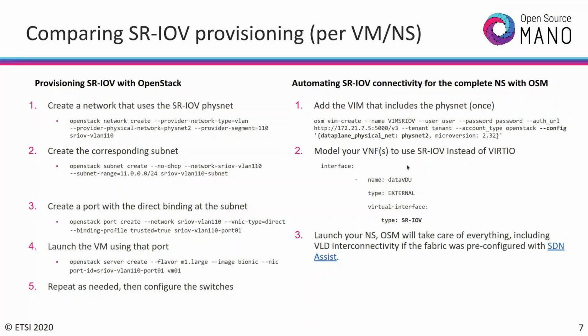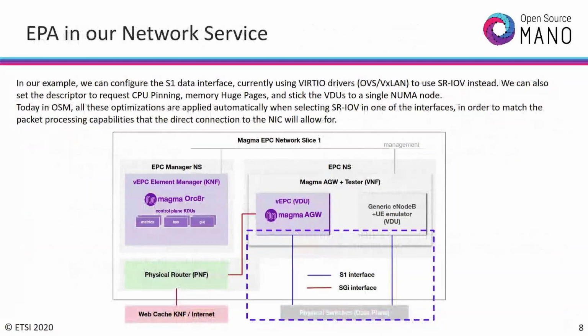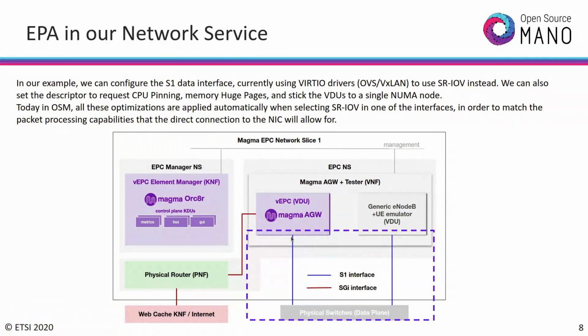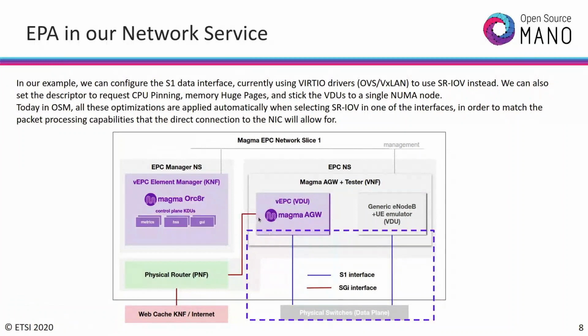So this is the way we support enabling high performance on VNFs. In our example, the place where we would want to do this is in this data plane. In the real world, we would do this at the data plane of the packet core, I mean the interface that faces the node Bs, and the interface that faces the PNF, I mean the SGi, the Internet SGi interface.